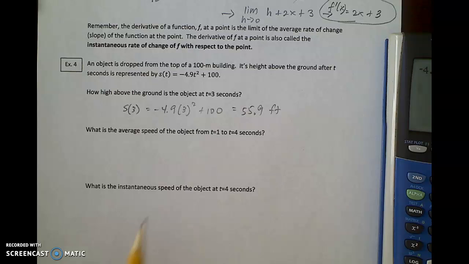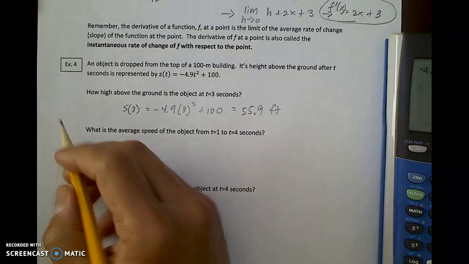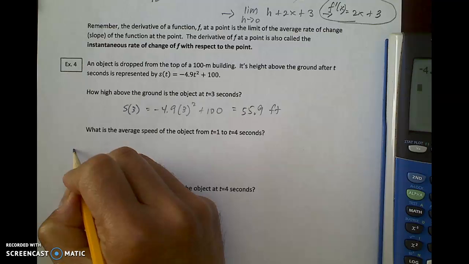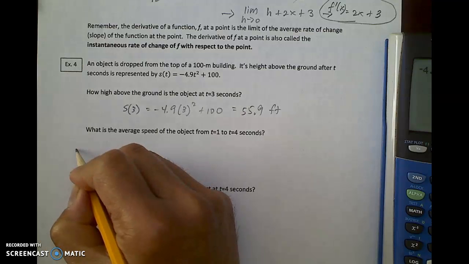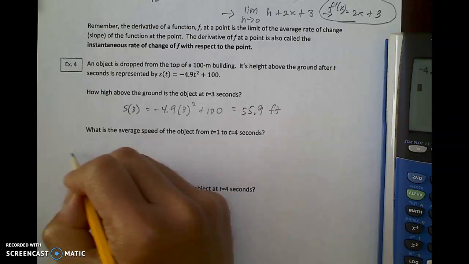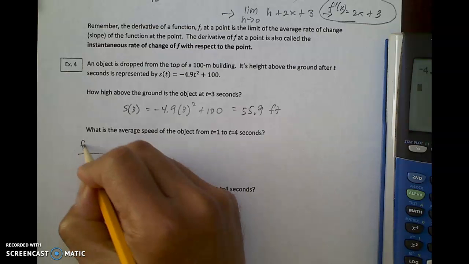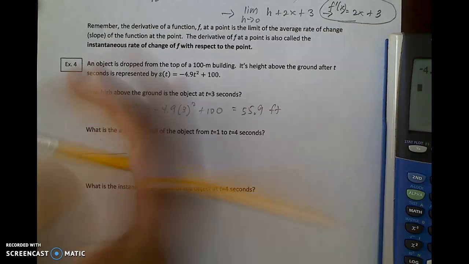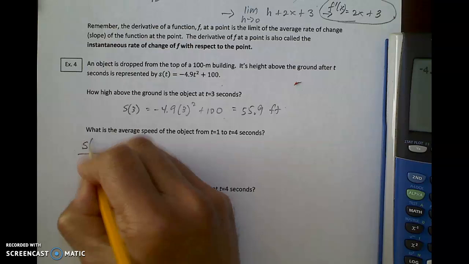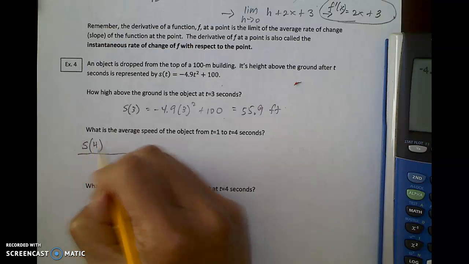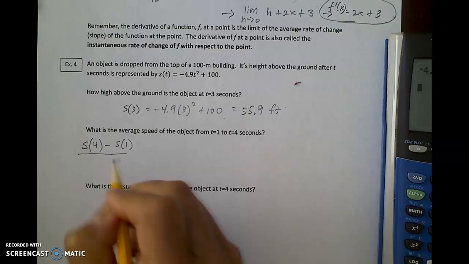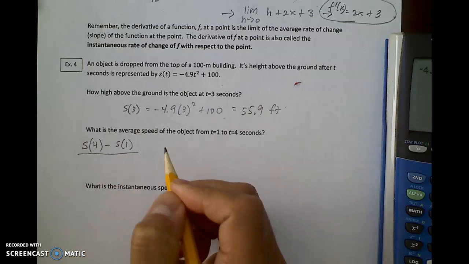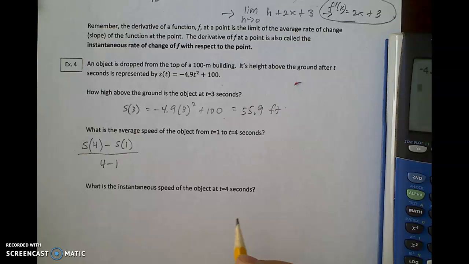For the next question, what is the average speed of the object from 1 to 4 seconds? Again, that's average rate of change. So to find that average speed, we take the function, we're using S, not f, evaluated at 4 minus the function evaluated at 1, divided by 4 minus 1.